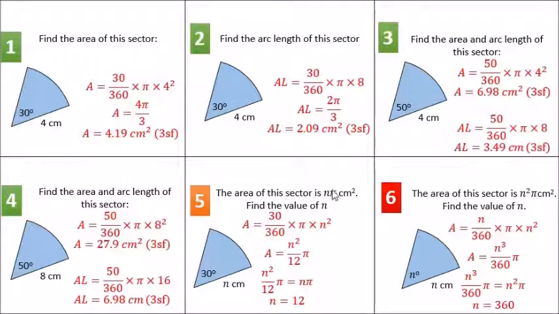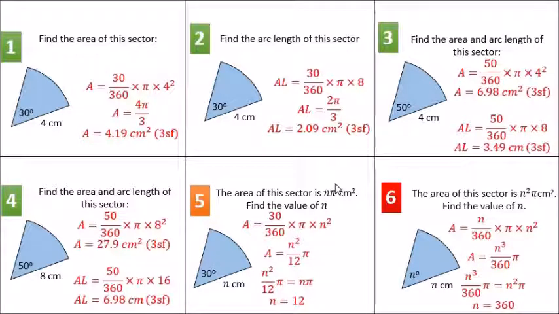This time we're given that the area is n pi and that the radius is n. So 30/360ths, because that's the fraction, multiplied by pi r squared, pi times n squared. So the area, if we simplify this, 30/360ths is 1/12, so it's 1/12 of pi times n squared. So it's 1/12 of n squared pi, so n squared over 12 pi.